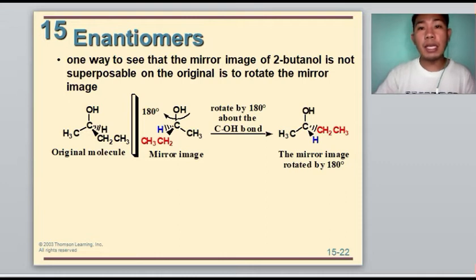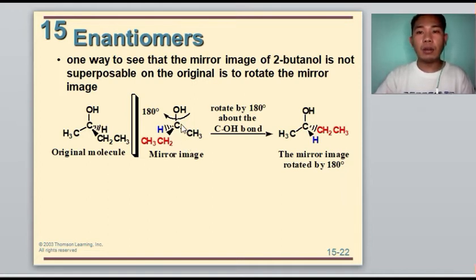One way to see that the mirror image of 2-butanol is not superposable on the original molecule is illustrated in the following drawings. Imagine that we hold the mirror image by the C bonded to OH and rotate the bottom part. We make sure that the rotation is 180 degrees.